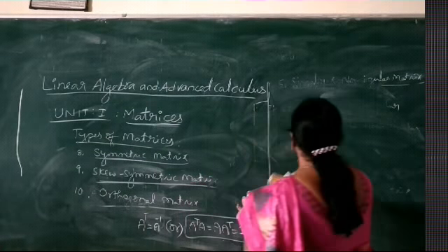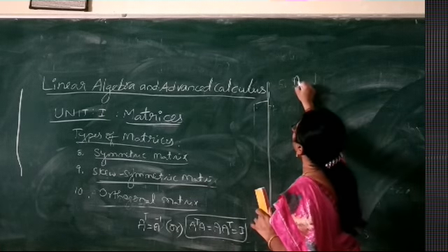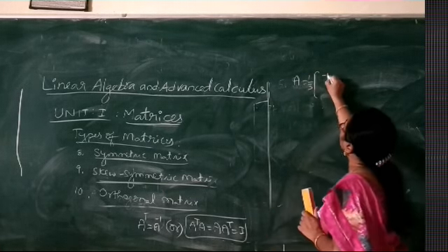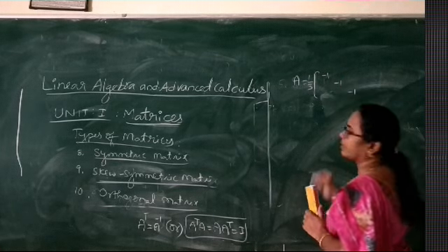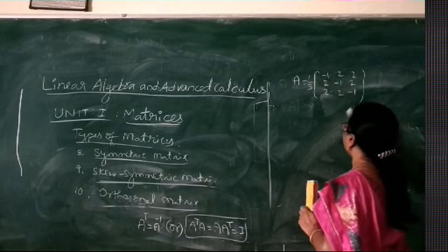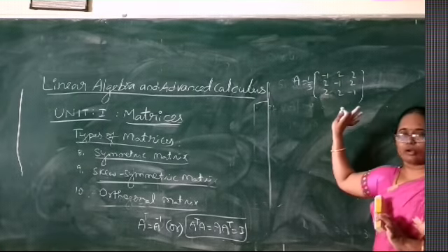Let me give an example. Suppose we have the matrix A equal to 1 by 3 of, along the diagonal, minus 1, minus 1, minus 1, and the remaining entries 2's. Let us verify whether this matrix is orthogonal or not.